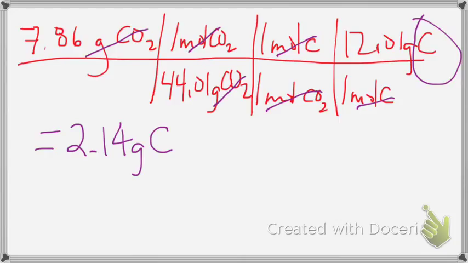Now we're going to do the same thing for hydrogen, but using water. Okay, so we're given that the combustion analysis gave a result of 2.14 grams of water.